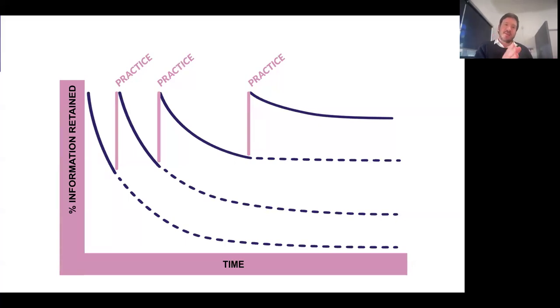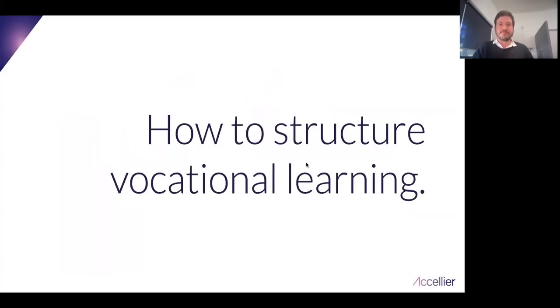Each of those pink lines represents a moment of practice, and the dotted line represents what would have happened if the practice didn't take place. So we need to be aware of this when planning our training and learning. We need to consider what opportunities our learners have to retrieve that knowledge or those skills from long-term memory.